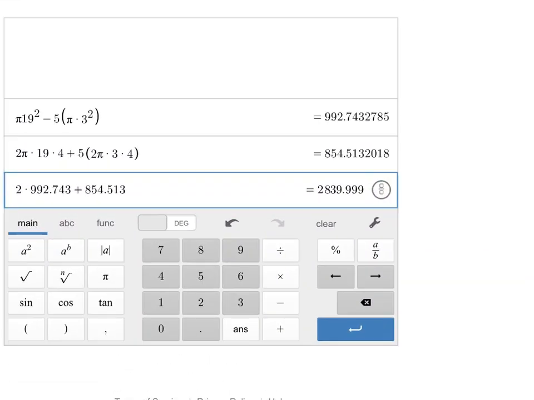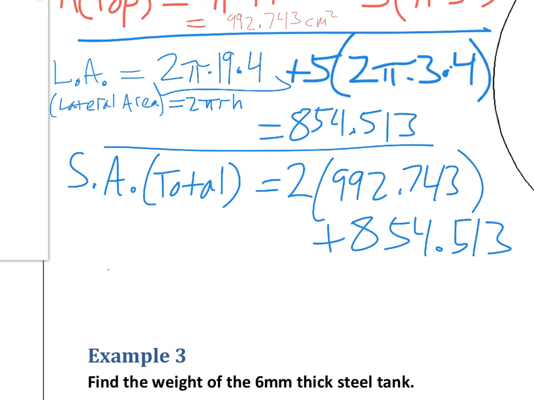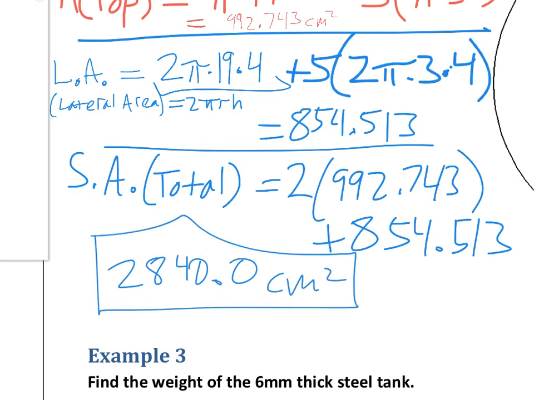It doesn't say, but if we round to the nearest tenth or hundredth, all these 9s will round up, so we get 2840.0 square centimeters.